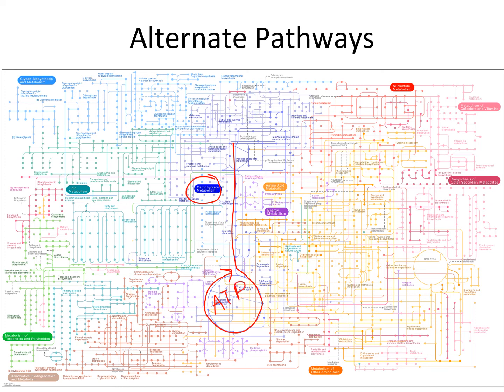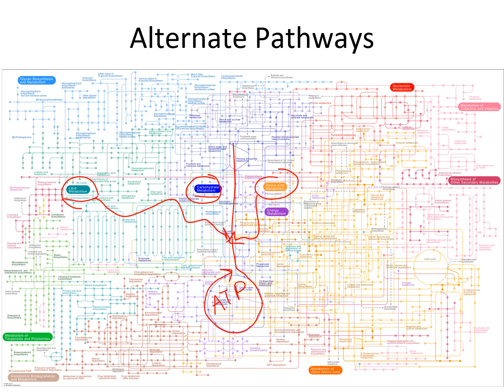And so again, if the cell needs ATP and it doesn't have a source of carbohydrates, it can use a source of lipids and filter that through a pathway to enter into ATP production. And also amino acids. If there aren't any lipids or carbohydrates, the amino acids can enter at different points into this pathway. All of those are catabolic reactions.